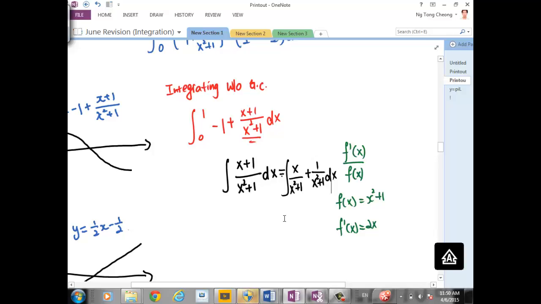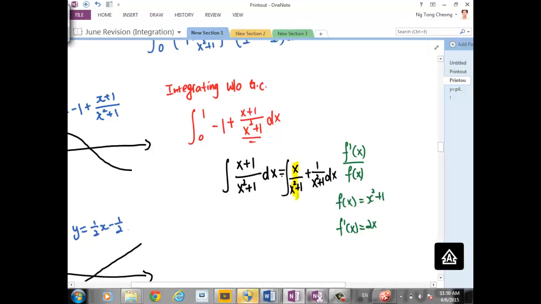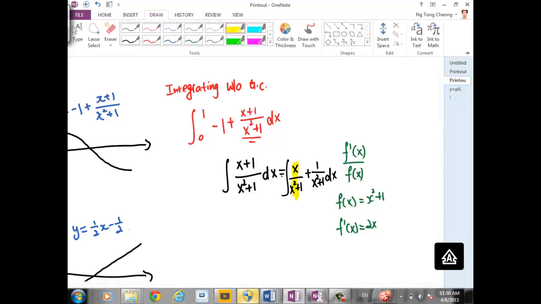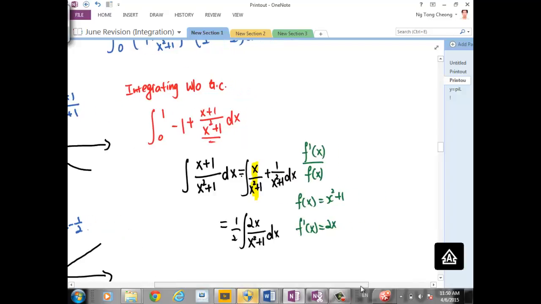Once I split this, I realize that this one I can rewrite as my f prime x over f(x) form, and I can integrate it. Then how about the other one, the one with the constant?